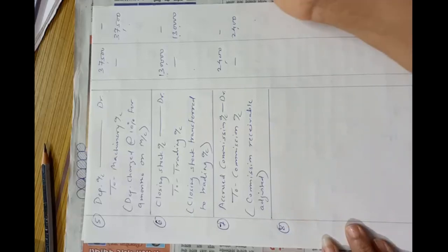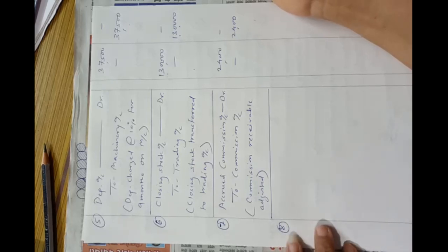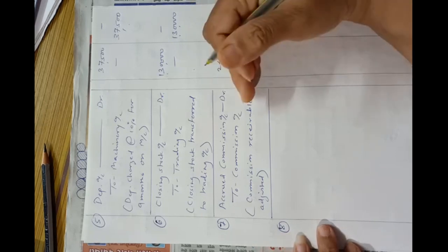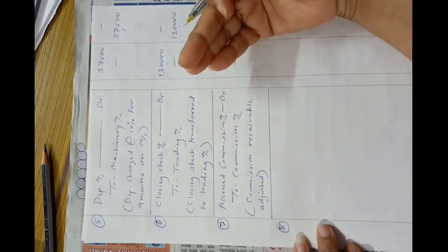Okay, now the next entry is about interest, and they told us that interest received in advance rupees 700. Okay, interest received in advance means it is not due but received. It means it is unearned interest. Okay, it is received before it is due.